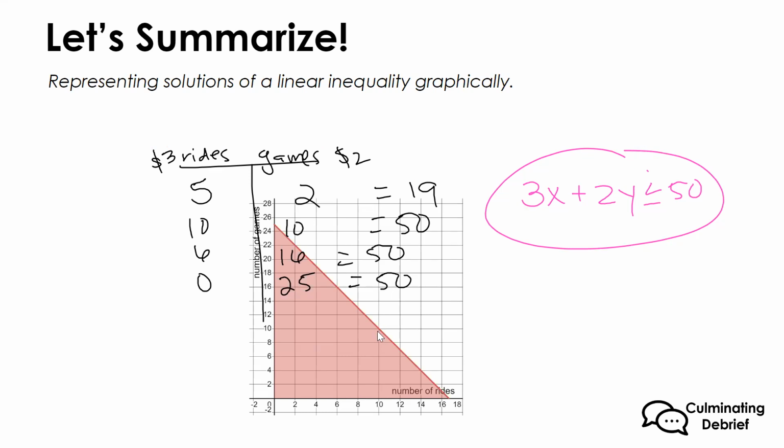So it looks like this, right? All of these little points that we found fall in this little realm. So we got 5, 2, 10, 10, 6, 16, 20, 0, 25. All of those fall in this little shaded region.